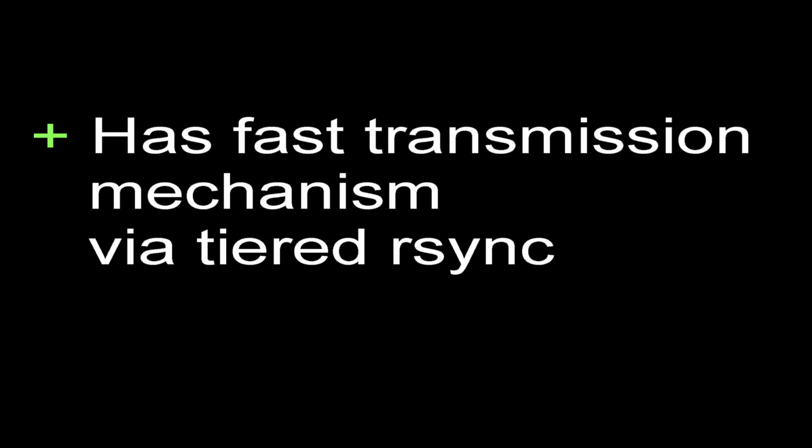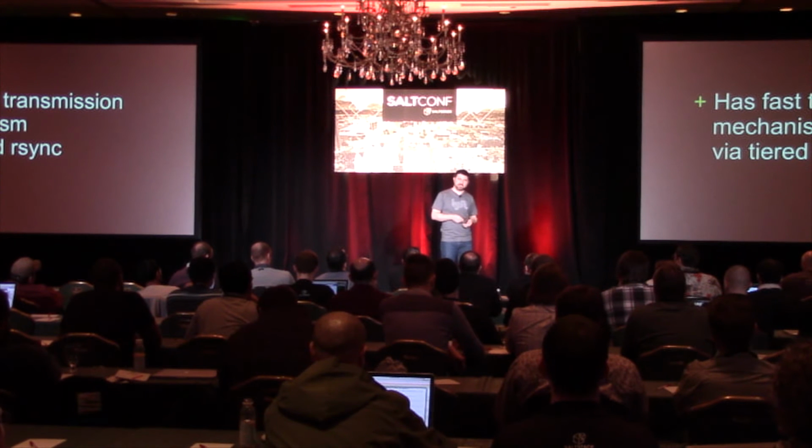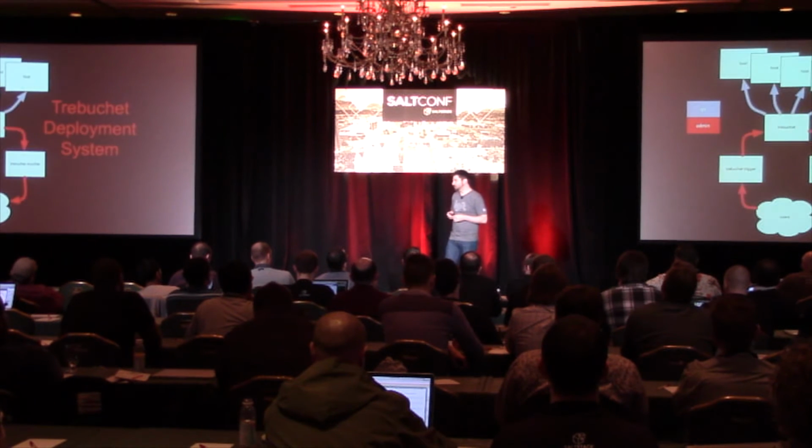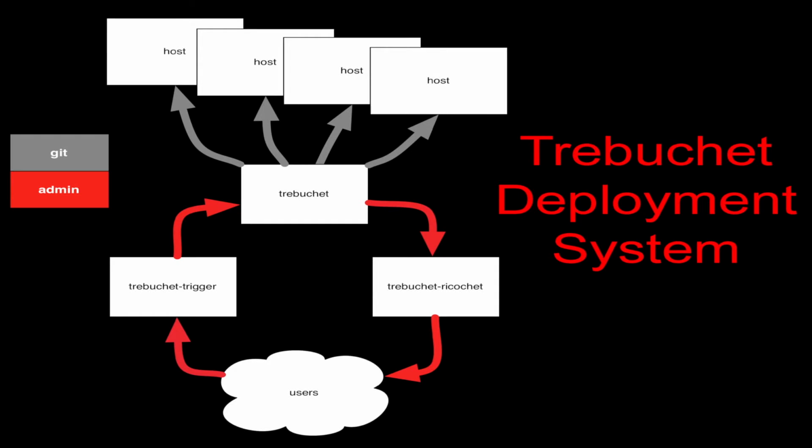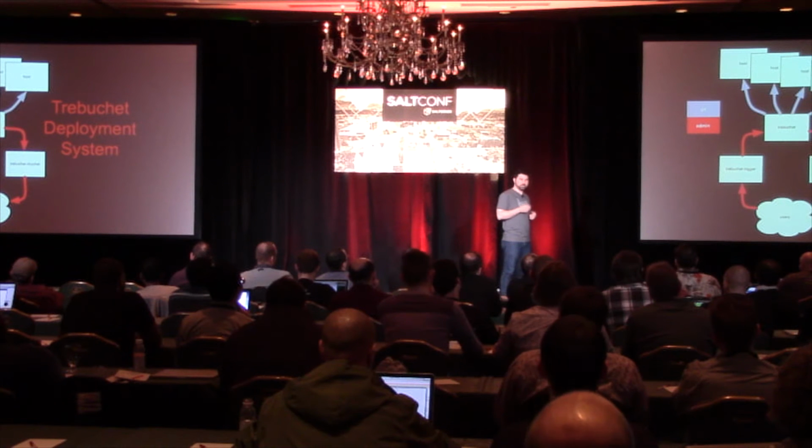So given the positives and negatives of this system, I decided to write a new deployment system that uses Salt instead of SSH, and that uses Git instead of rsync. This is a general overview of the system. It's written in 3 parts. There is a Git front end, which is just a Python extension to Git called Trebuchet Trigger, that interacts with the backend system called Trebuchet.